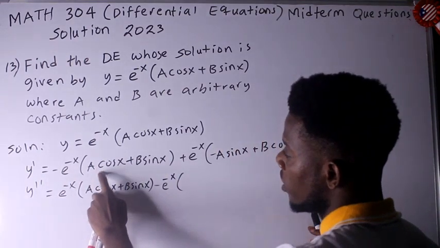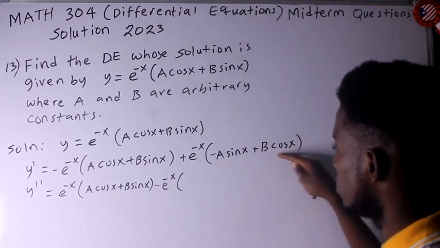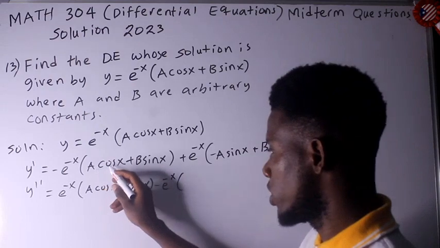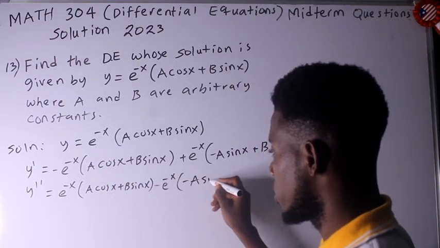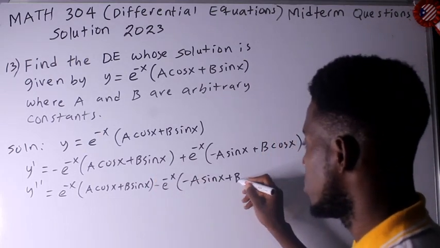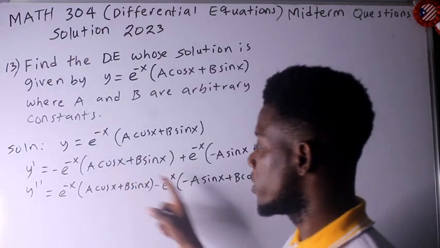What will be the derivative of a cos x plus b sin x? We already know that, and this is it. Differentiating cos x gives minus a sin x, plus differentiating sin x gives b cos x. So the derivative of y in here is this.